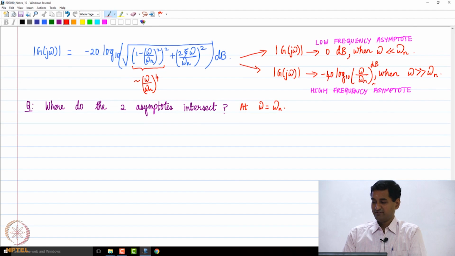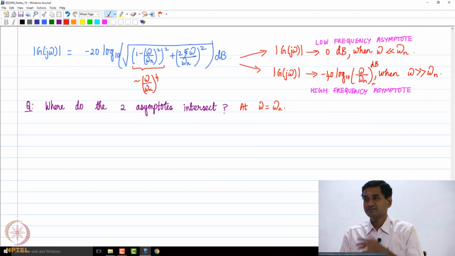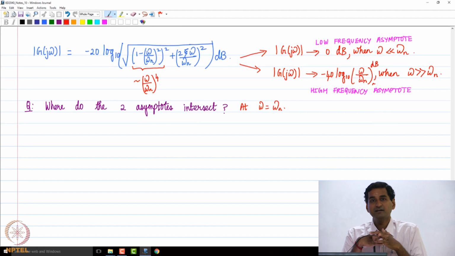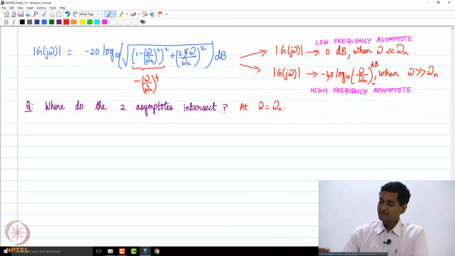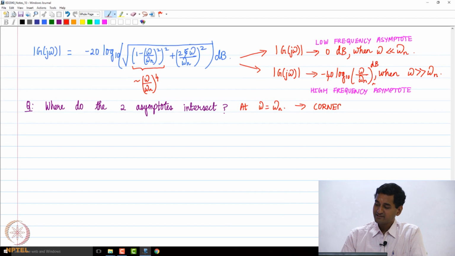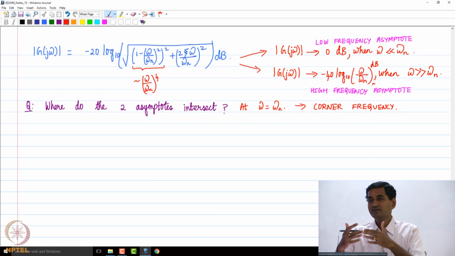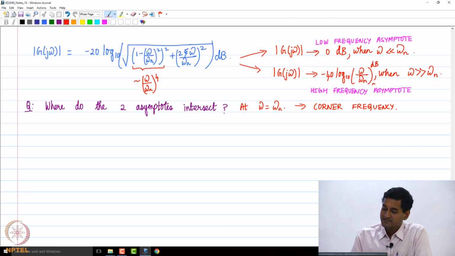Because when you substitute omega equals omega n in the high frequency asymptote, you get 0 decibels. Essentially the 0 decibel line is the low frequency asymptote, so the two asymptotes intersect at omega equals omega n. Consequently, omega equals omega n is the corner frequency for this particular factor, the second order term. The natural frequency is the corner frequency.